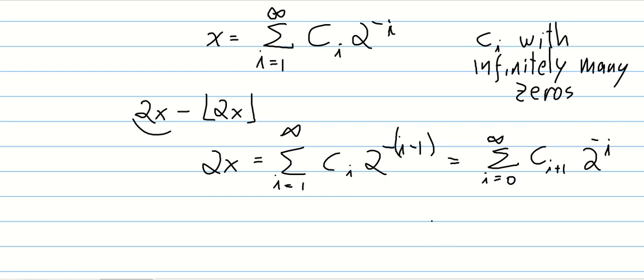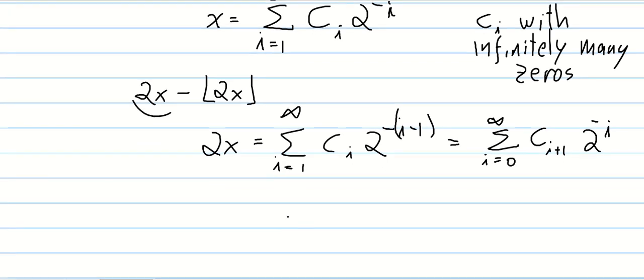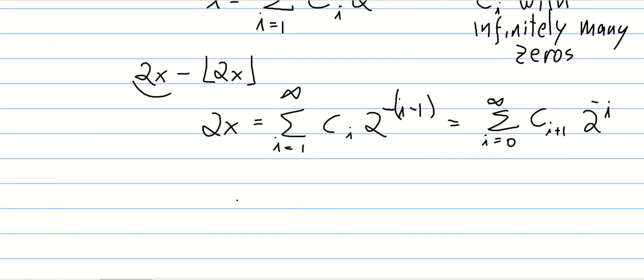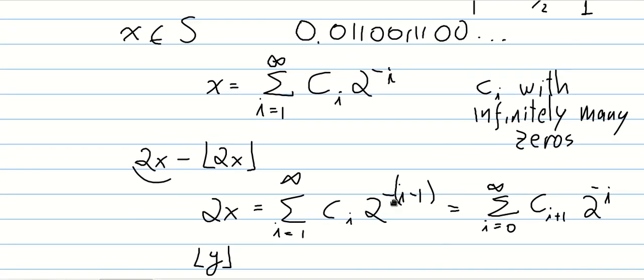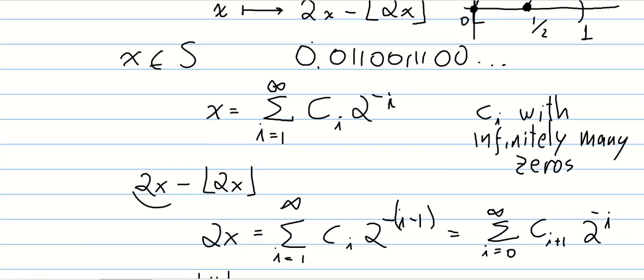So this is the same, but we are seeing how multiplying by 2 acts on the coefficients: it starts at an earlier index and you add 1 to the indices. Now what happens if we take the integer part? The integer part of a number that is decomposed as such is going to just take the minus 1 coefficient here.